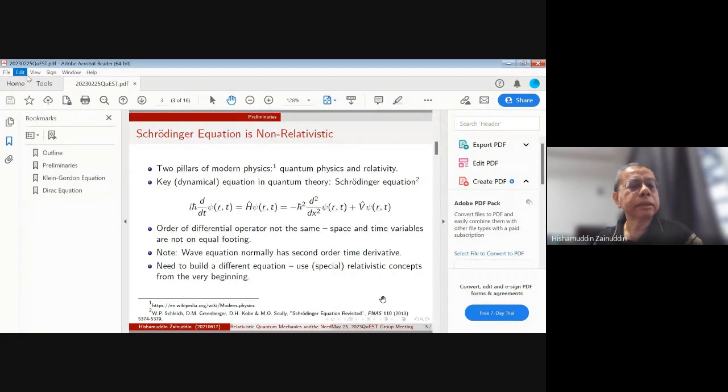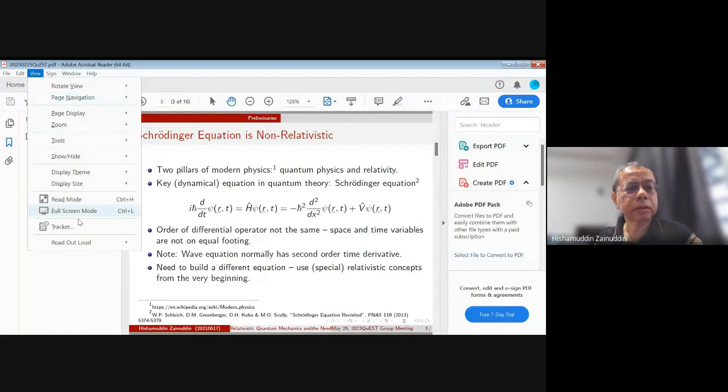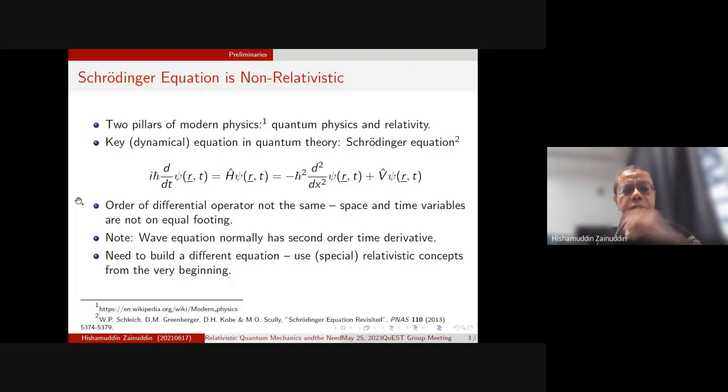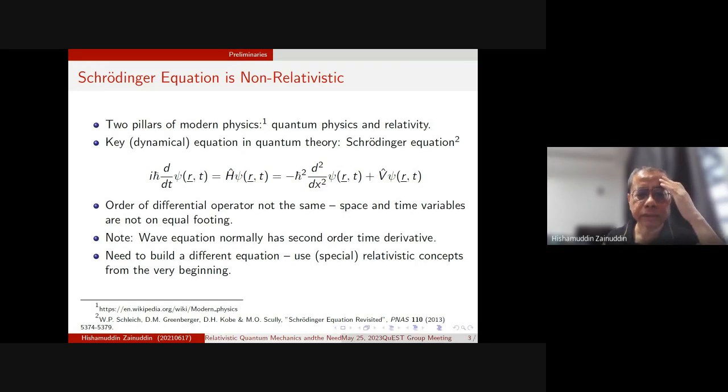The other thing was, the usual wave equation usually has a second order time derivative. And with a second order time derivative, you will see later on there will be problems, essentially the problems with negative energy solutions.